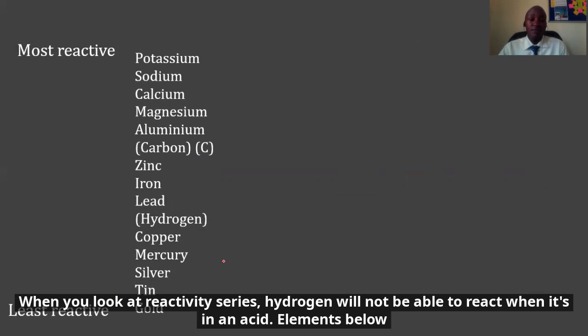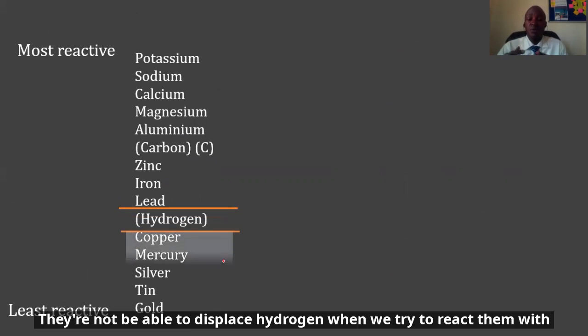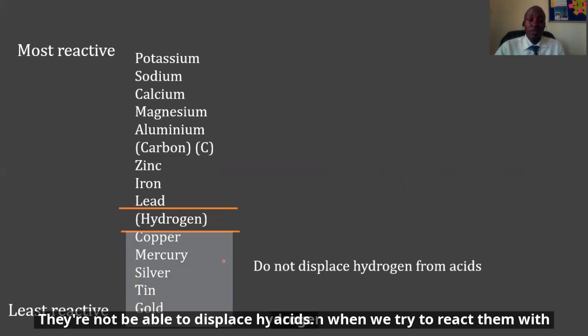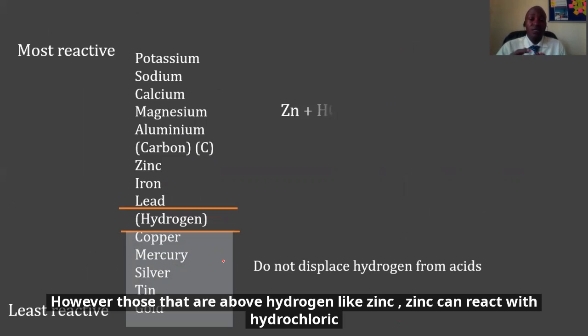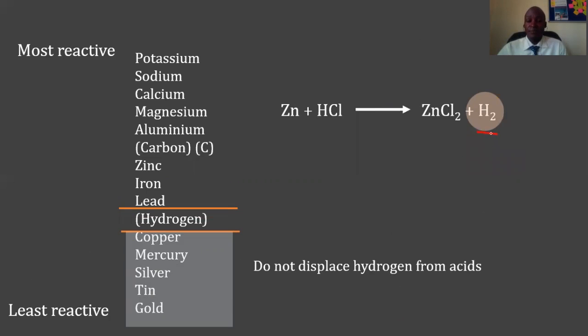When you look at the reactivity series, elements below hydrogen will not be able to displace hydrogen when we try to react them with acids. However, those that are above hydrogen, like zinc, can react with hydrochloric acid to produce hydrogen gas.